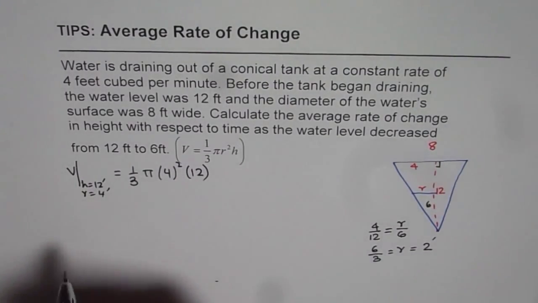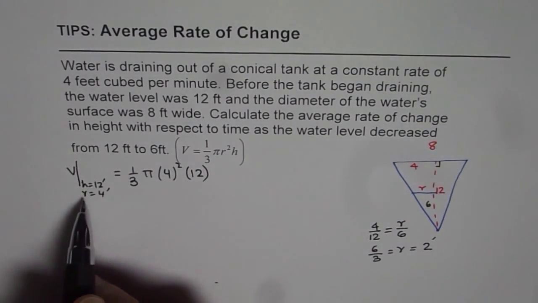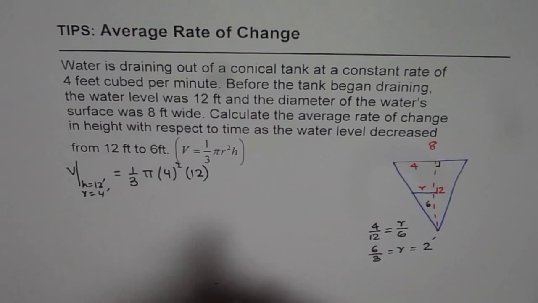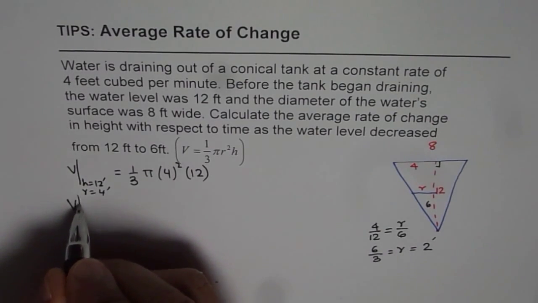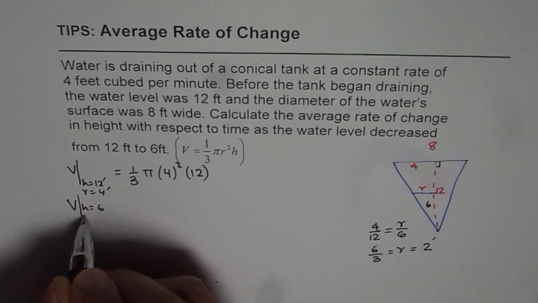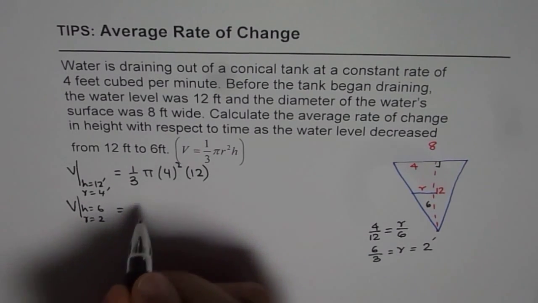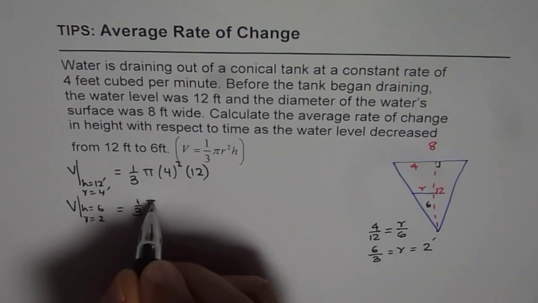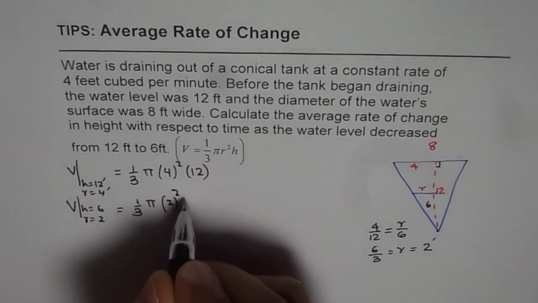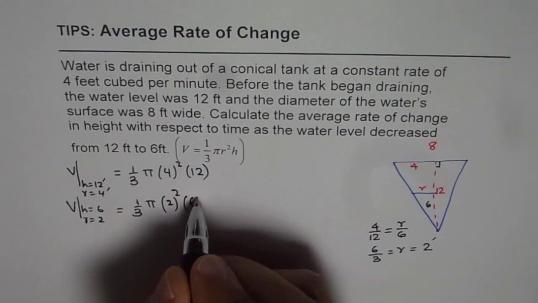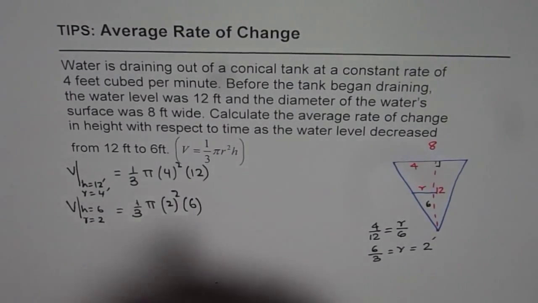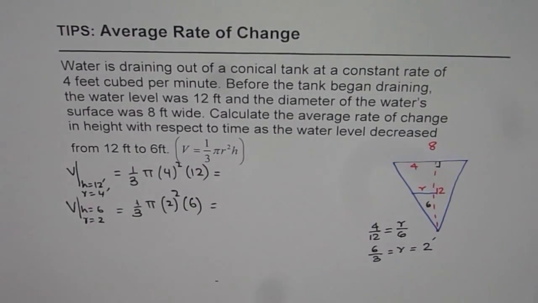So that is the volume when height is 12 and radius is 4. Let us also calculate the volume when height is 6 and radius is 1/3 of that, which is 2. So we get 1/3 pi, r is 2 squared, times 6, right? So that becomes the volume. So these are the two volumes.